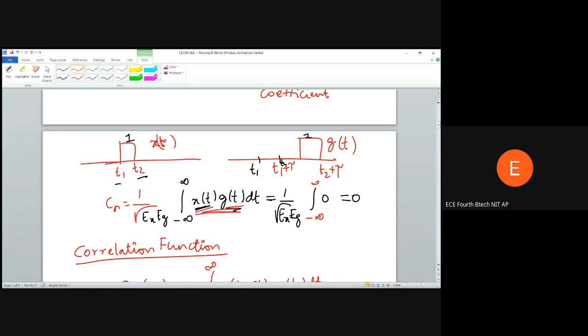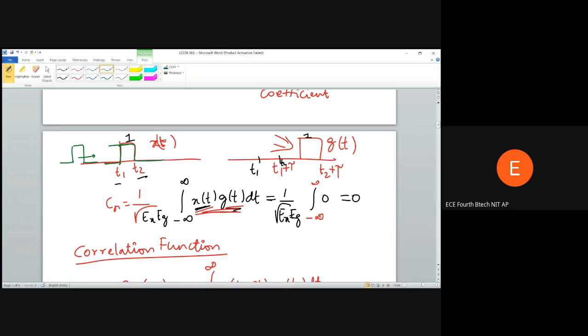Function of tau means what happens? If I shift this g of t from minus infinity to plus infinity, let me assume this is my g of t. Here you will get psi of g x at tau equal to 0, and if I move toward this side, whenever the two signals overlap each other, there you will get the maximum.